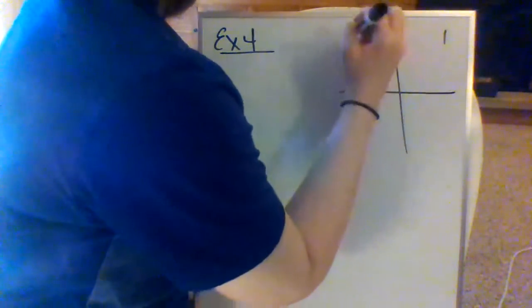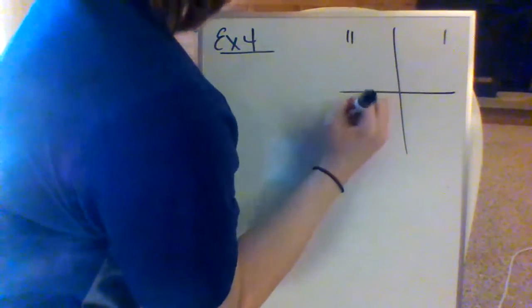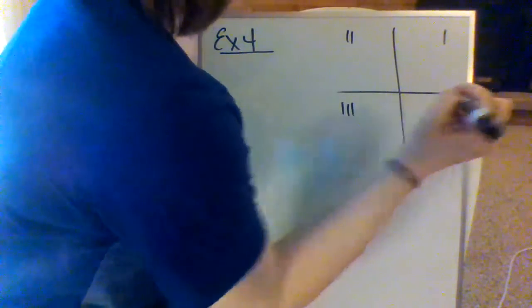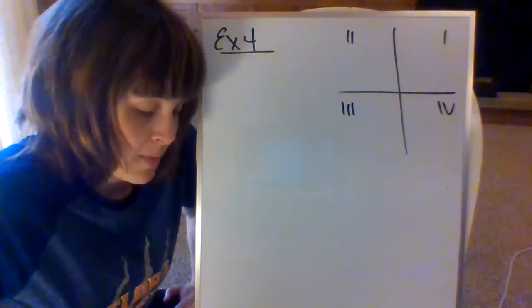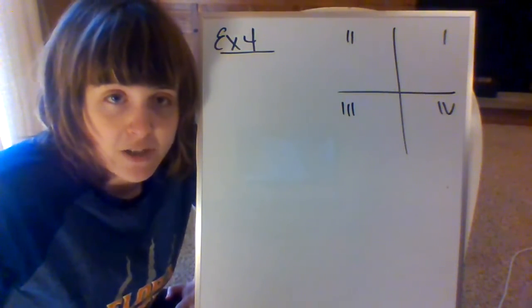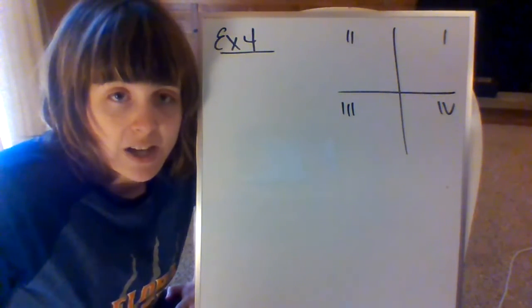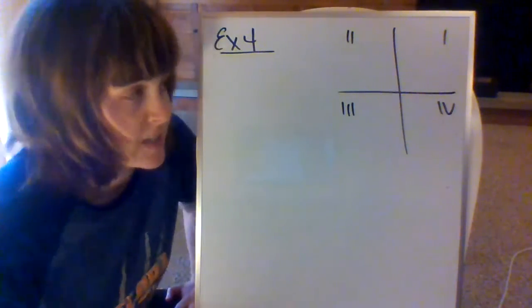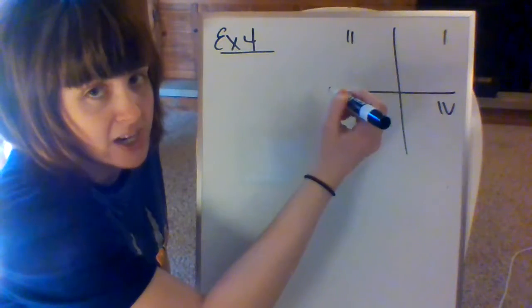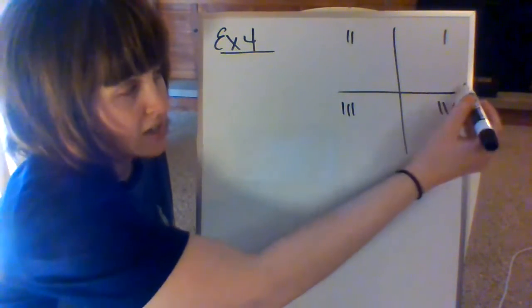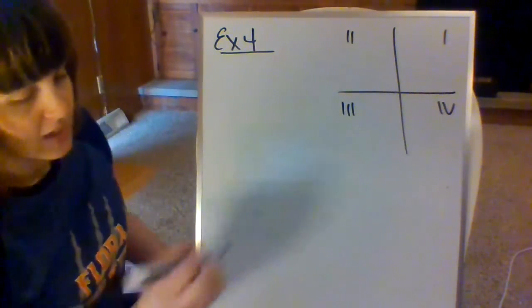So I'm going to draw this over here so we can reference it. Okay, so those are the quadrants. Now, example 4, I'm going to give you a degree, an angle, and you're going to have to say what quadrant is it in. So if you remember, this is 0, this is 90, this is 180, this is 270, and then 360.